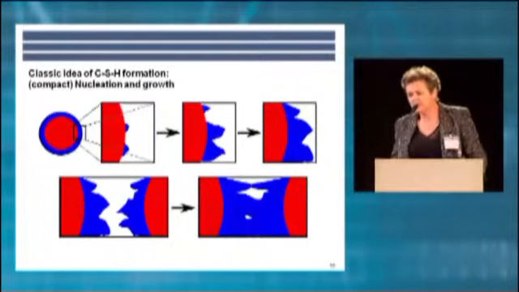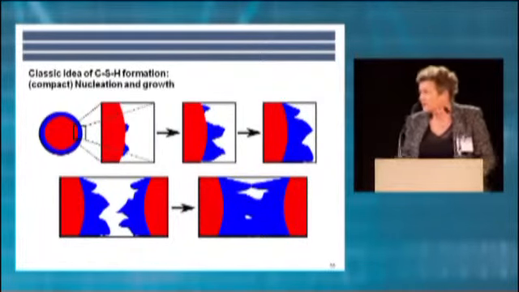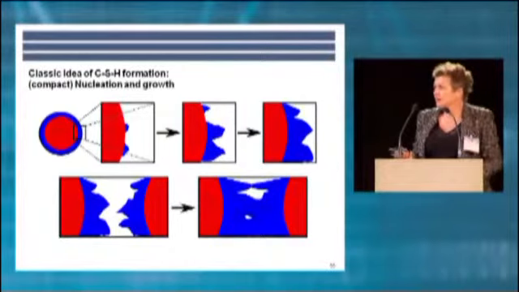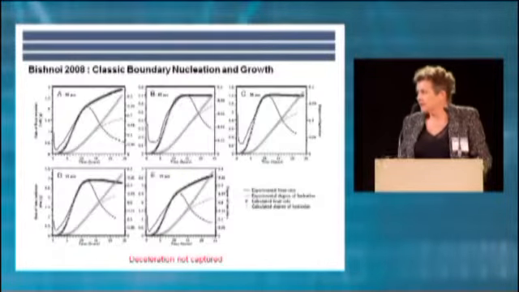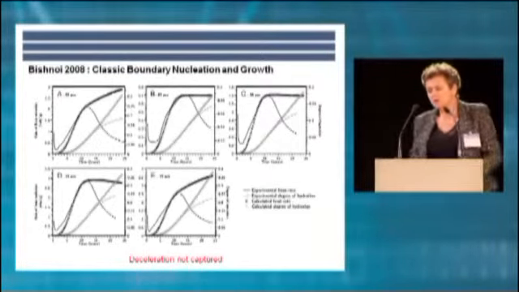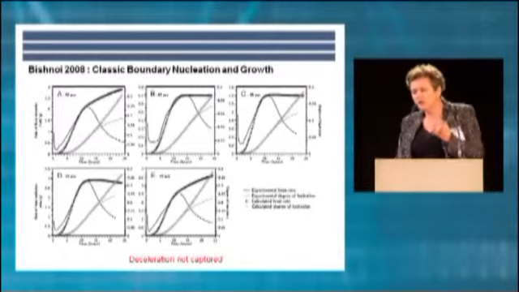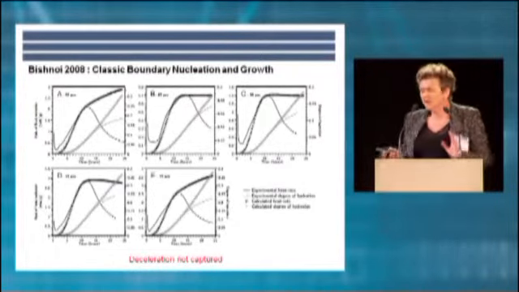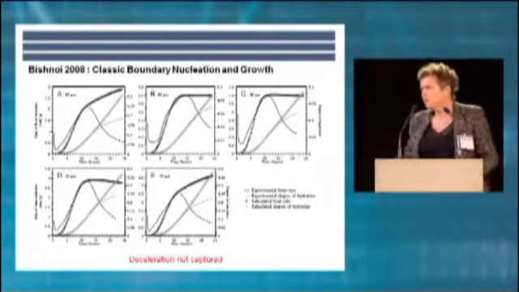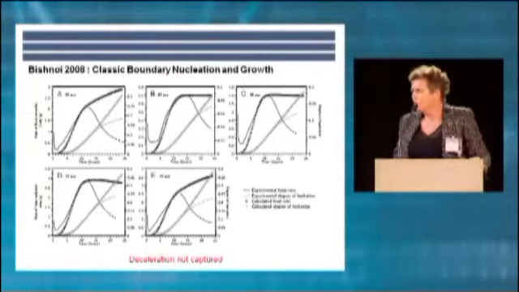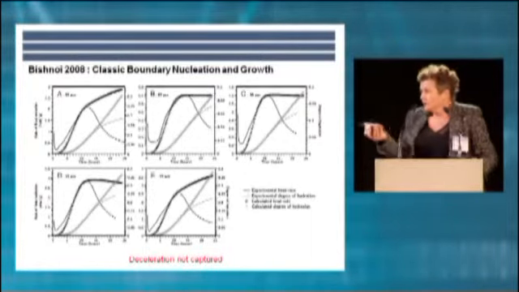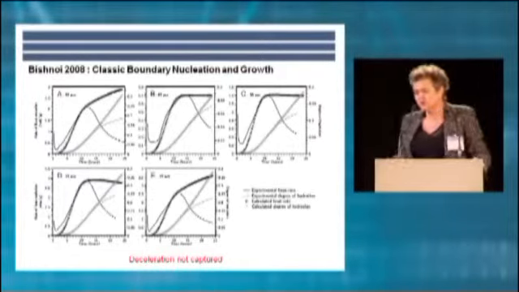And again, here we find some interesting phenomena. For example, if we try to simulate the growth of C-S-H on the alite particles in a classical manner, we find that, unfortunately, it does not fit with the experimental results. So by having this model which enables us to quantify these effects and to look at them over the range of particle sizes, we come to the point where we put into question what are quite accepted mechanisms of hydration.